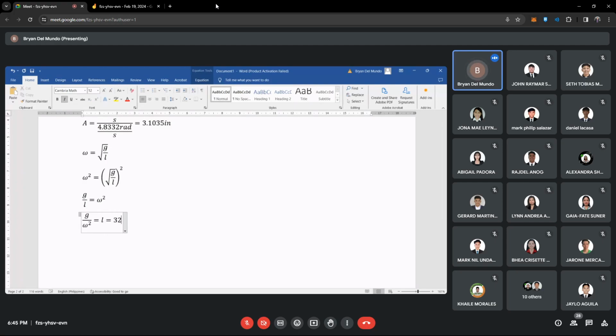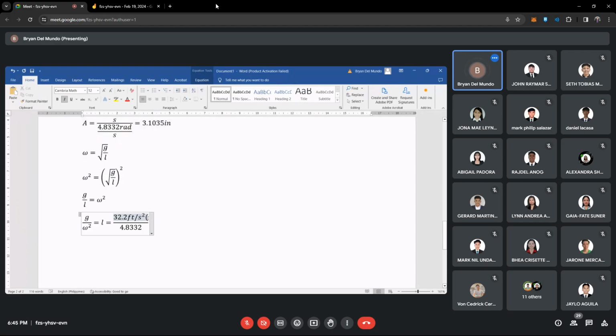So meron tayong 32.2 over 4.8332. Okay, so ang unit nito is 32.2 feet per second square. So since nakapit yan, kailangan natin is multiply yan kay or convert yung feet into inch. Since yung ating amplitude dito is naka-inch din.